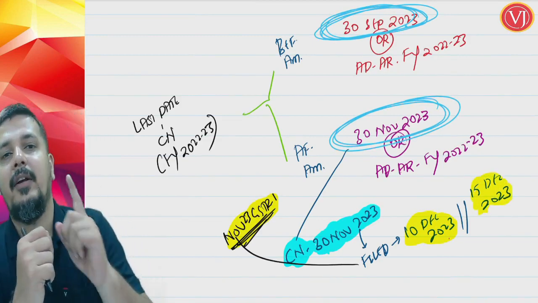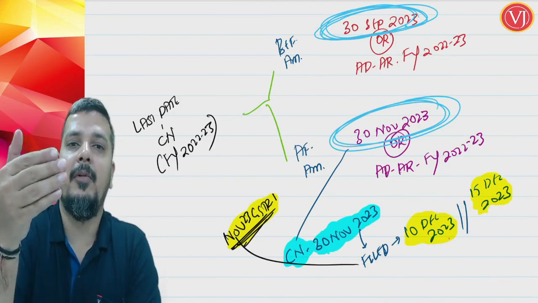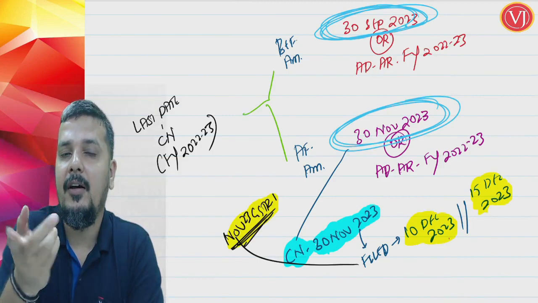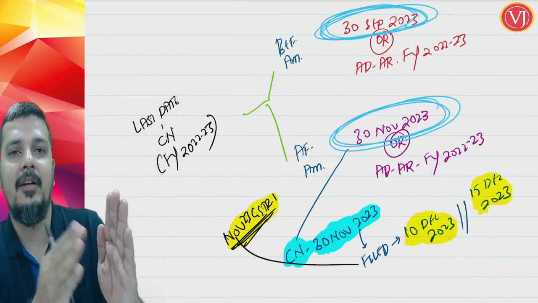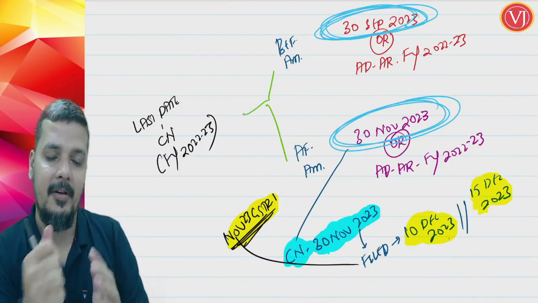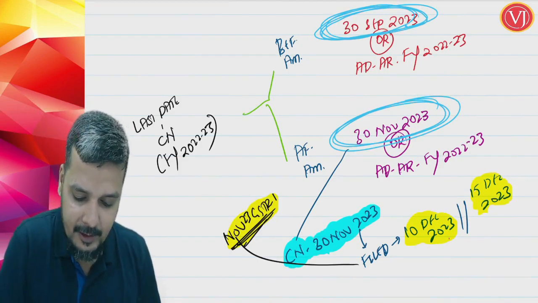So for credit, the last date to take the credit on the portal was 30th November, which means I cannot take the credit in the November month return. It should be at most the October month return filed on or before 30th November. But for credit notes, they have said I should issue the credit note before 30th November.